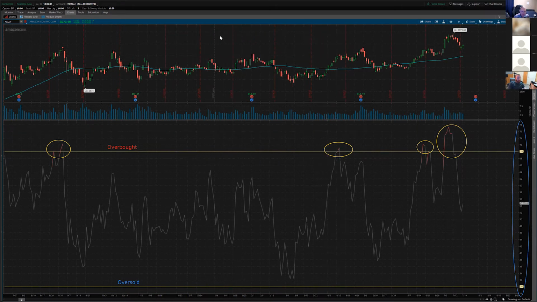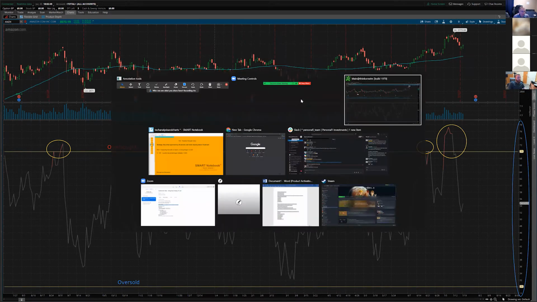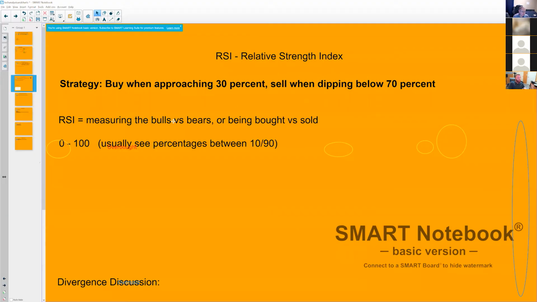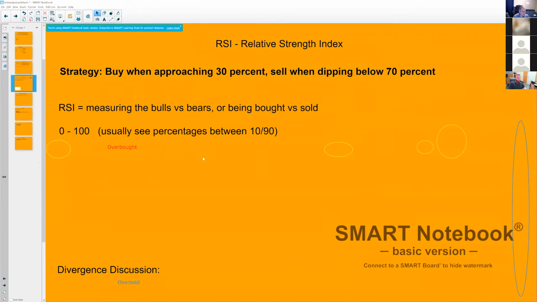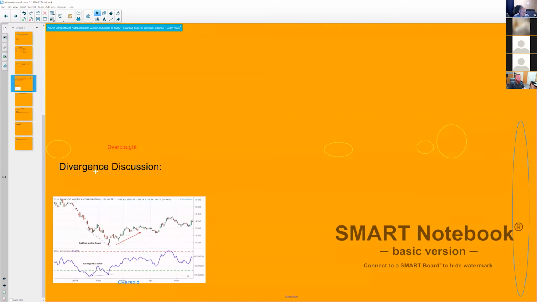Any questions on how RSI works? There is a more advanced thing that actually occurs a lot in more advanced technical analysis. If you want more, look up divergence. This is the discussion I put, so I reminded myself. But if you look at divergences, those are actually really good.